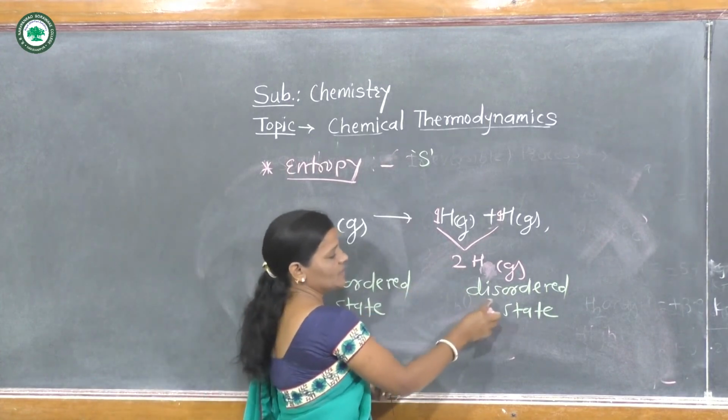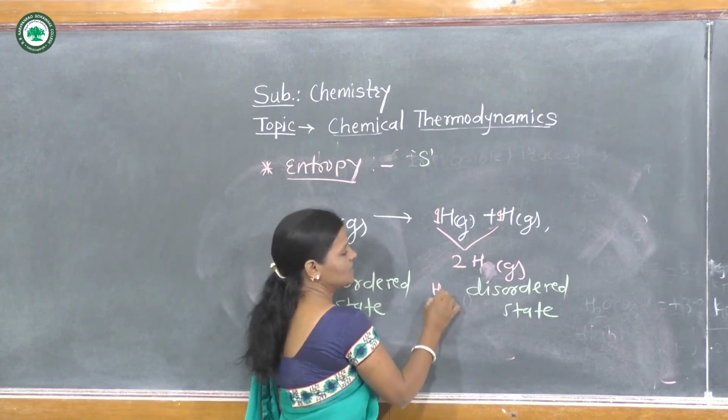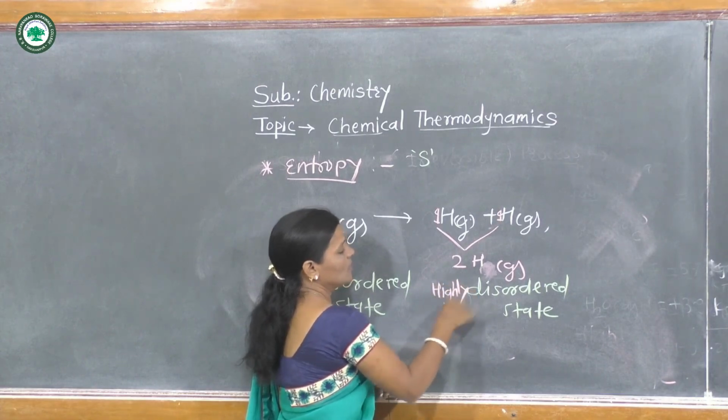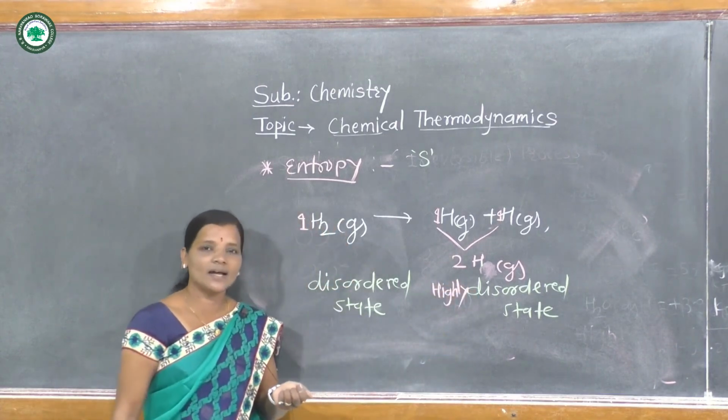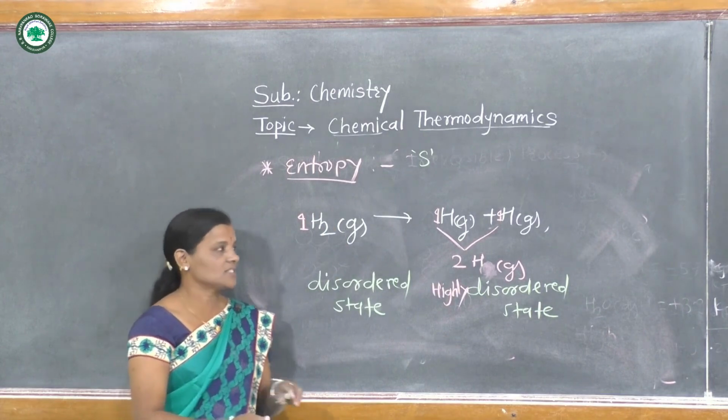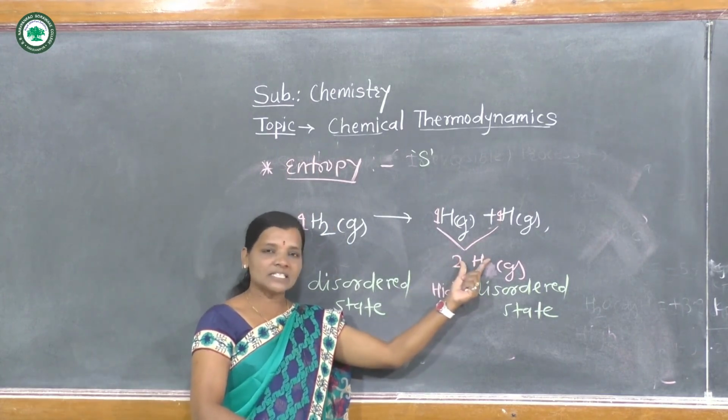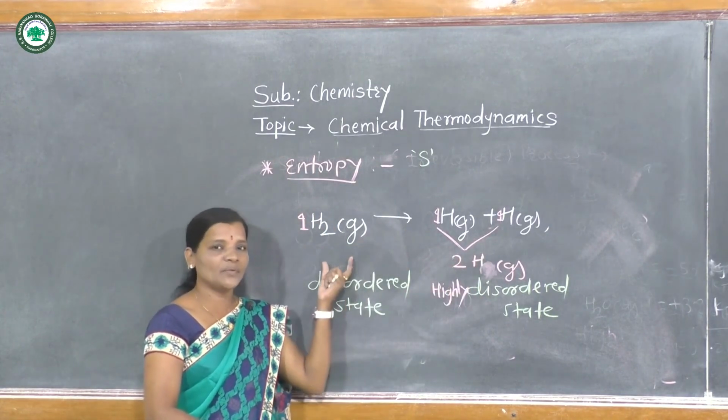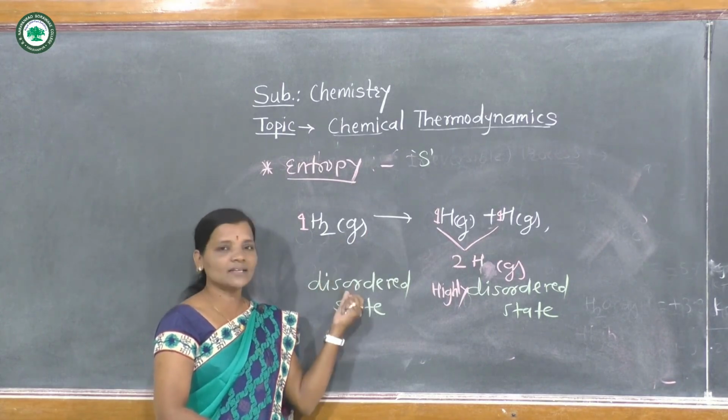So in this state, the disordered state is highly disordered, and hence entropy on the product side is more as compared with the entropy on the reactant side.